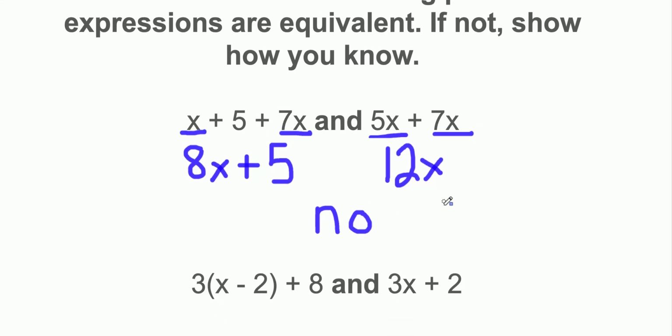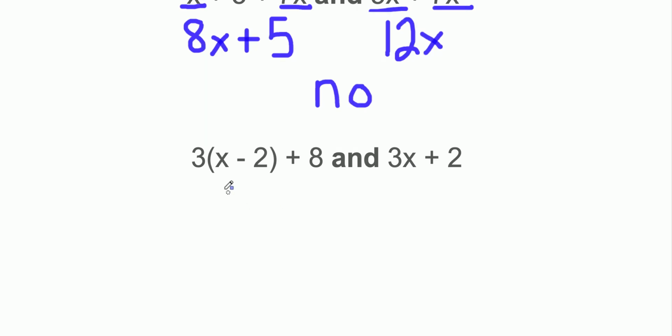Okay. The next pair of expressions, I have 3 multiplied by the difference of x and 2 plus 8, and 3x plus 2. So this one, I have to use the distributive property for starters. I have to take 3 times x, which is going to give me 3x.